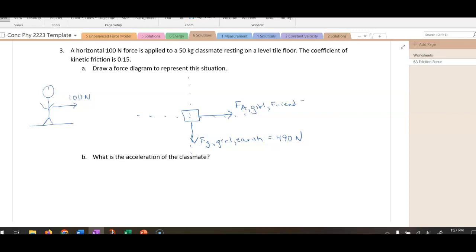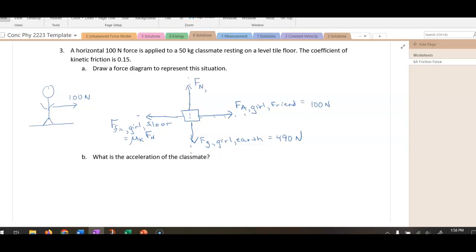They're pushing her with 100 newtons of force. They're giving me a coefficient of kinetic friction. So I know that the kinetic friction force on the girl by the floor would be the coefficient of kinetic friction multiplied by the normal force. Let's see if I can figure out the normal force.